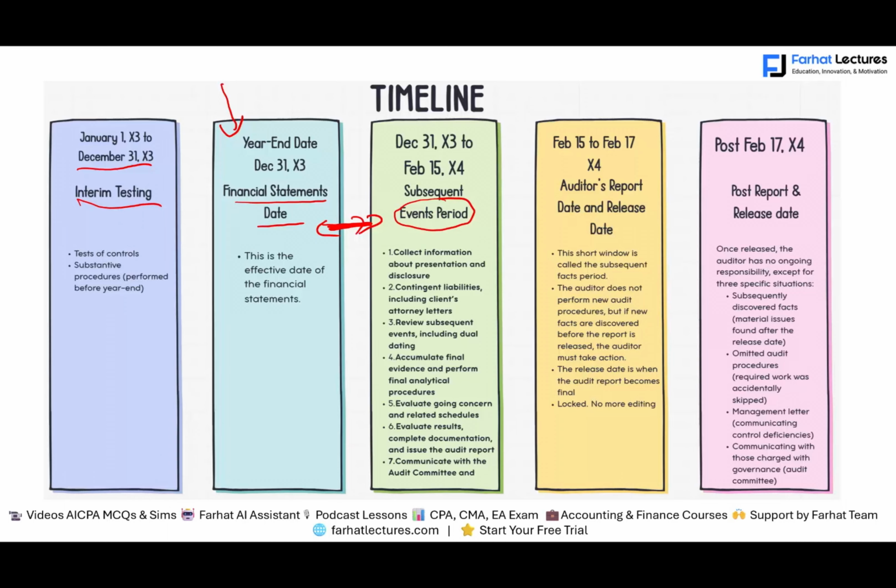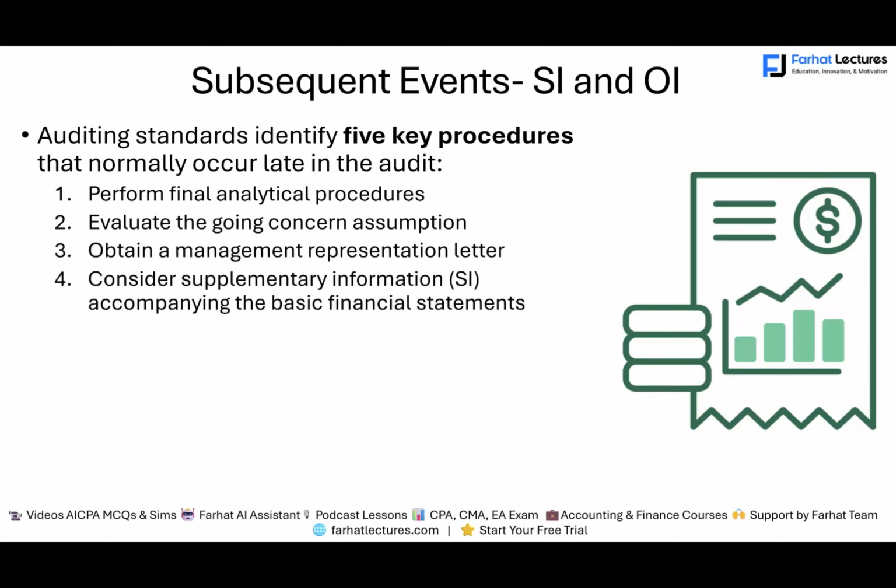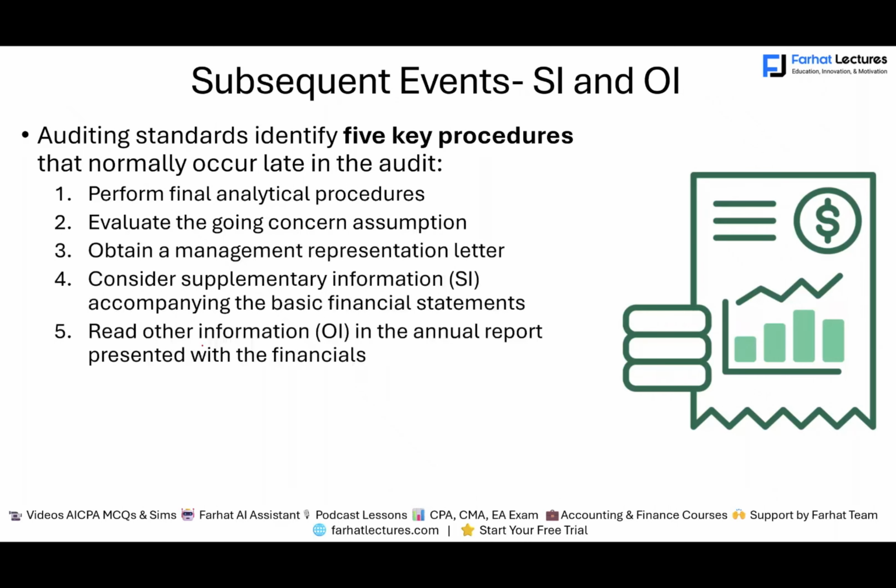In this period, the auditor would collect more information about presentation and disclosure, contingent liabilities, client attorney letters, dual dating of the letter, perform final analytical procedures, going concern issues, look at the attorney's letter, the management representation letter, as well as look at supplementary information and other information provided.